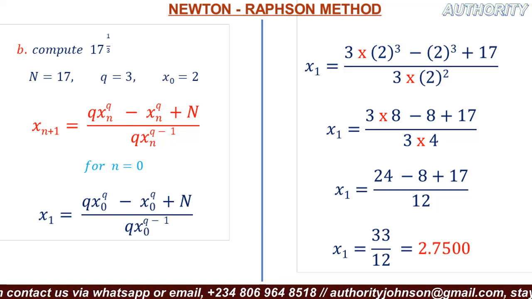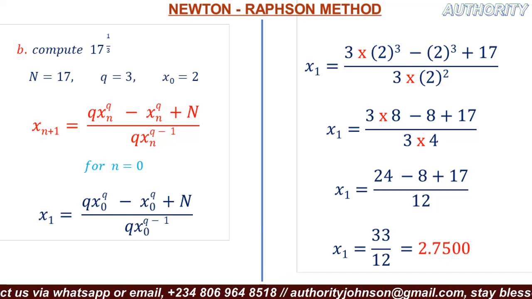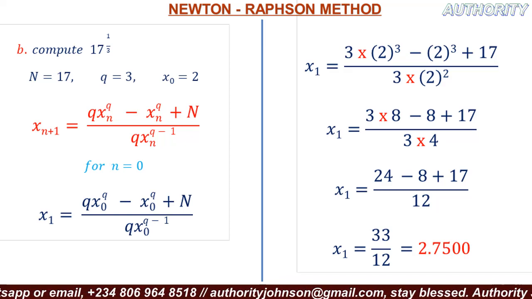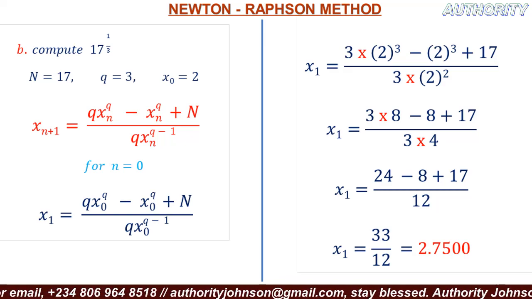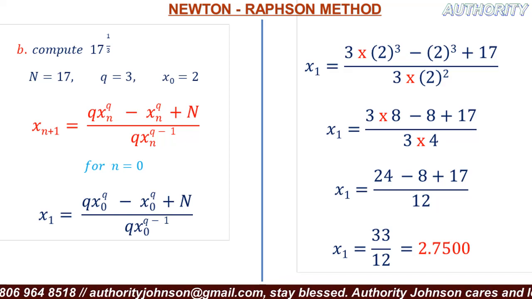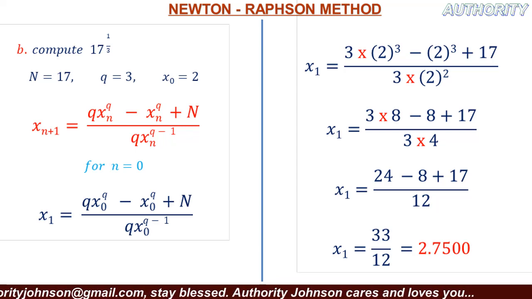Here we treated how to use Newton-Raphson to derive the root of a positive number, and in the second part we tested our formula using 17 raised to the power of 1 over 3, with the initial approximation being 2. The answer we got is 2.7500.